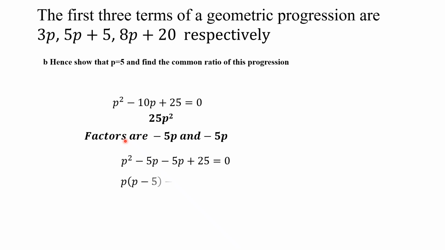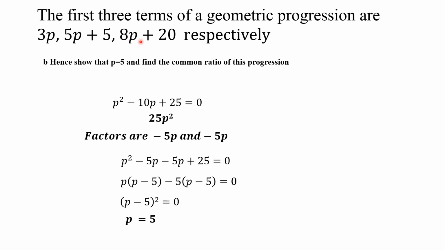So the new expression becomes p multiplied by p minus 5 minus 5 by p minus 5 is equal to 0. Therefore, p minus 5 squared is equal to 0, and our value for p is equal to 5. This is shown again.